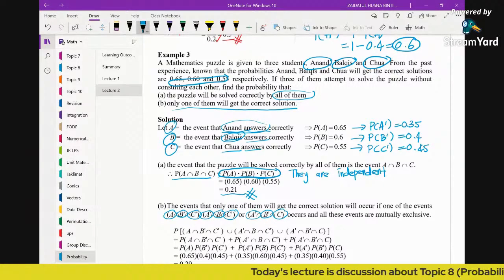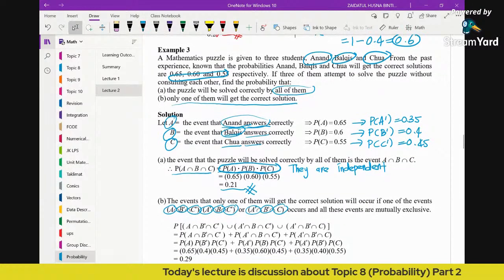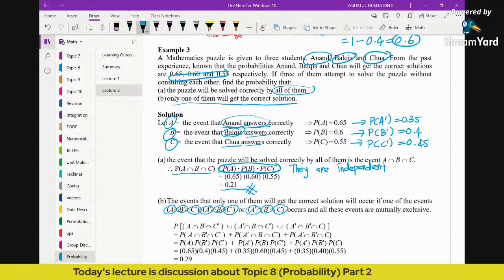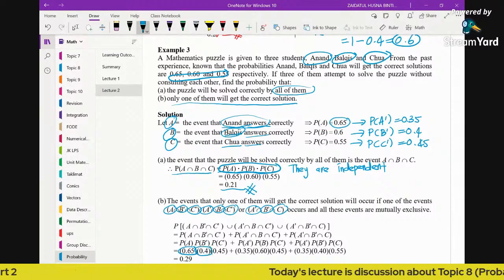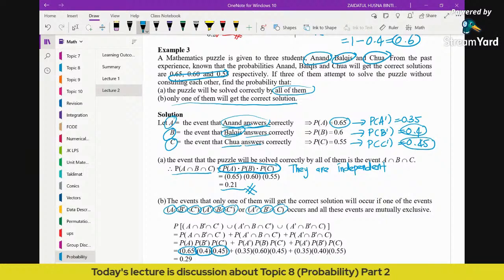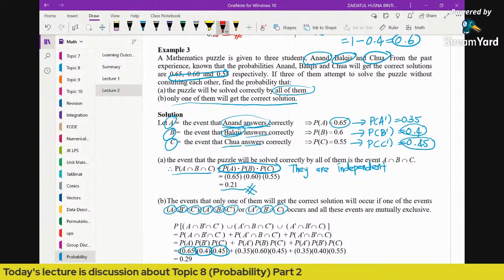Alright, so we use the prime to represent the complement events. So here, so A intersect B prime intersect C prime. So PA is 0.65 based on this. And then B prime 0.4 here. And then C prime 0.45. Next, Balkis pula betul. So probability of B 0.6.